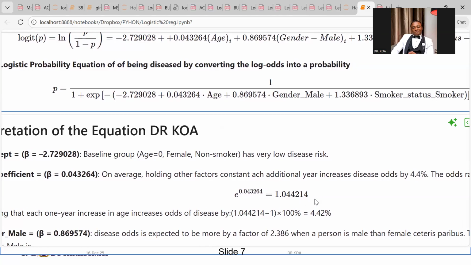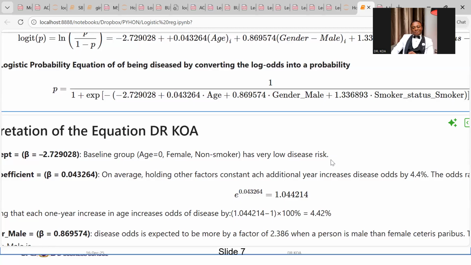What is that? We say that on average, given all the other factors, an additional year of age of a patient will increase the disease odds. In other words, it will increase the odds of getting a disease. As you know, if you are aging, the likelihood of getting a particular disease like high blood pressure is higher.